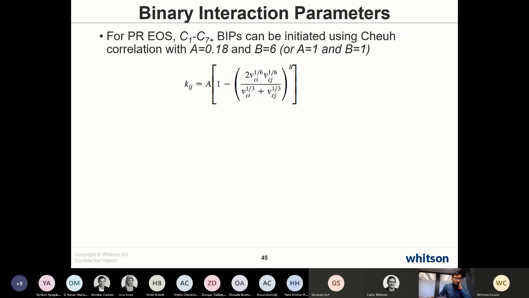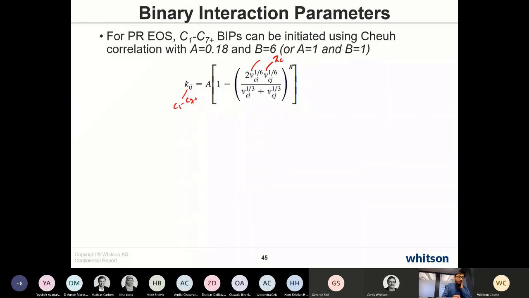So these are just the details here. When we develop equation of state models, generally we start with the binary interaction parameters correlated with the critical volumes. So we need critical volumes, or you can also have critical Z factors, to estimate initially the binary interaction parameters for the different components, and generally we only do it for C1 and C7 plus.